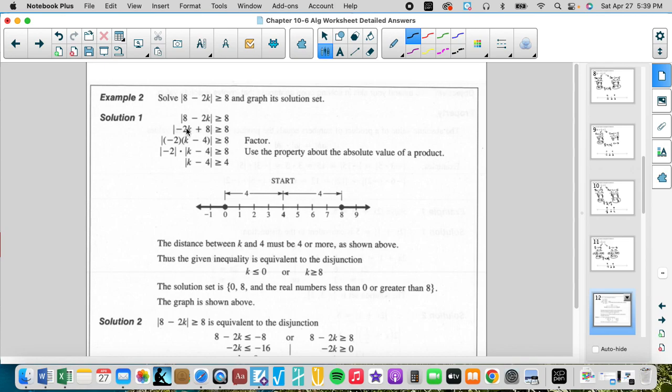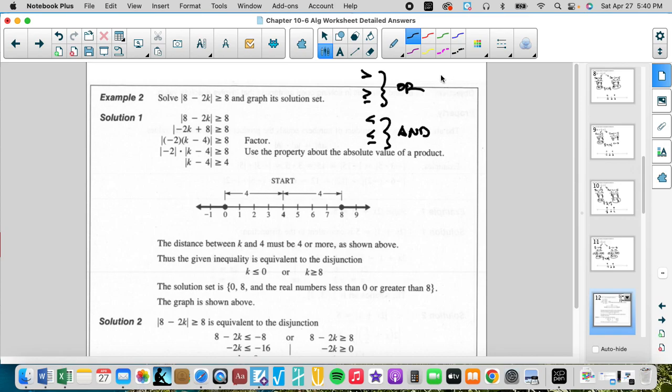Here's that inequality. So very important. We need to remember that greater than or equal to is going to be or. We need to remember that less than or equal to is and.